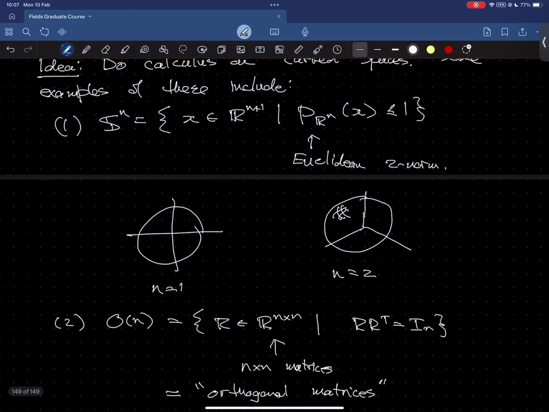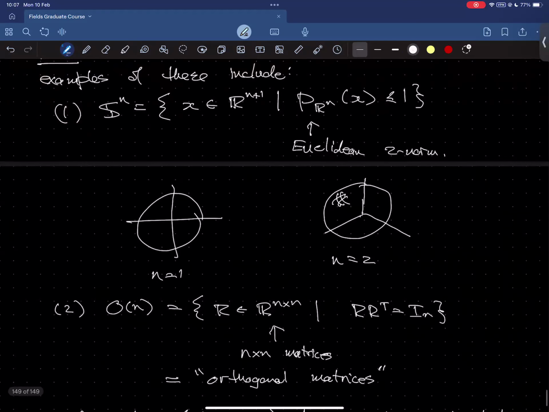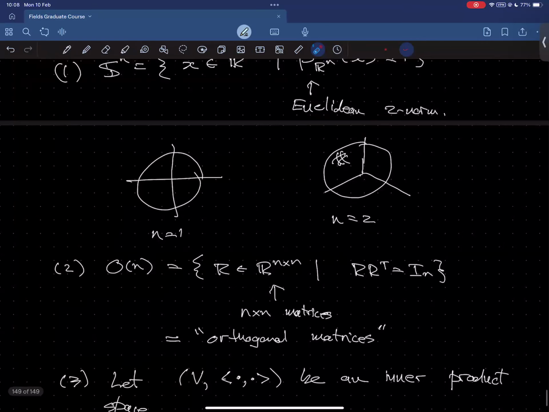My inner product space here need not be finite dimensional. Here we defined the n-dimensional sphere as a set of points whose norm is equal to 1, and this is because it's the 2 norm. The 2 norm comes from the usual Euclidean inner product, known in elementary school as the dot product.